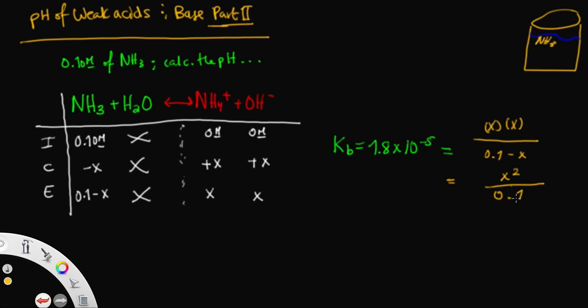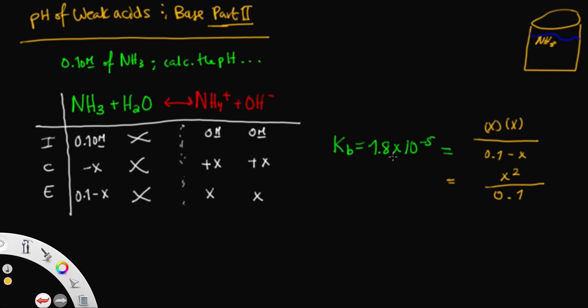Now, why am I just saying that our denominator, our reactant, is just 0.1? Well, I'm making the 5% assumption that I talked about in the previous video. I assume that our reactant is going to be approximately 0.1 because our Kb value is so small. It's 1.8 times 10 to the negative 5.